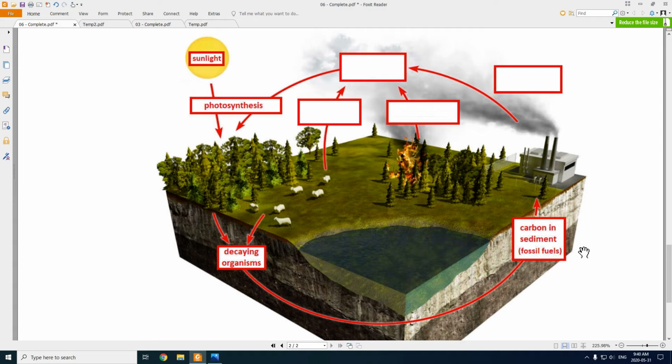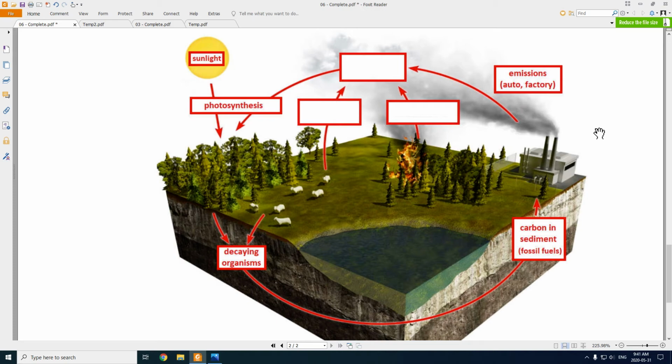Now, naturally, that carbon would stay there for a very long time, but since the Industrial Revolution, humans are now taking that carbon out of the ground really fast, right? They're mining coal, oil, natural gas, much faster than it would normally escape from the ground. Now, when we burn coal and natural gas, it releases that carbon, right?